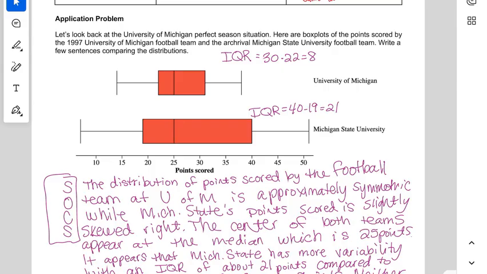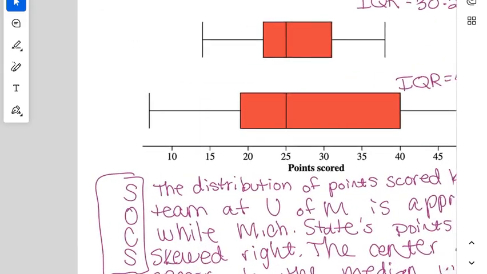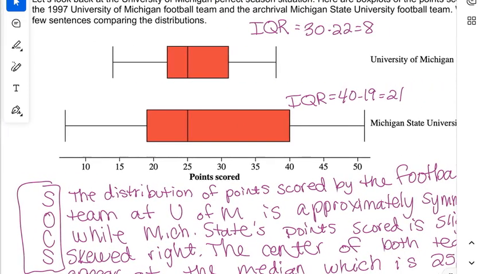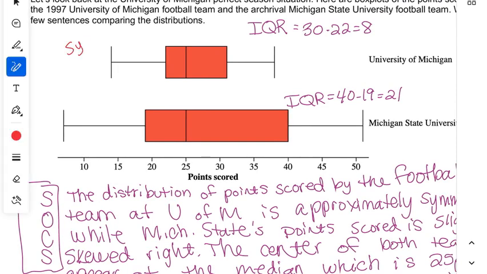Okay, hopefully that gave you enough time to answer. I found the IQR, the approximate IQR. So let's look. Shape. So shape for University of Michigan is approximately symmetric. For Michigan State, it is skew right, or right skew.